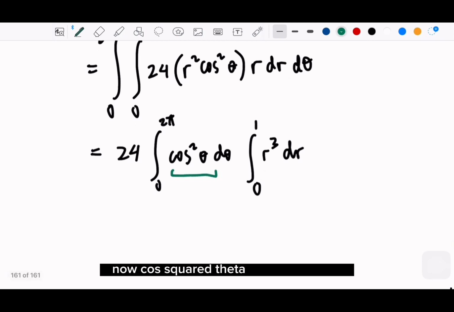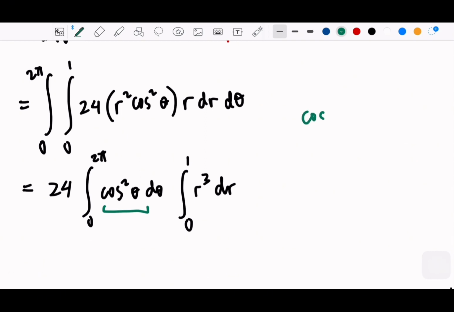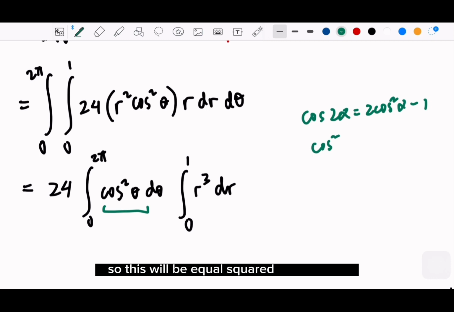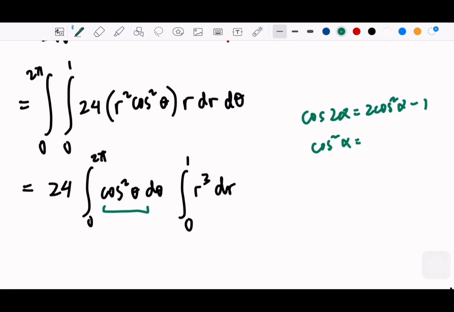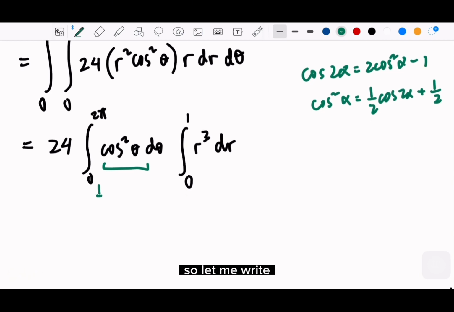Now for cos squared theta, we can use the double angle. So this will be cos squared alpha equal half cos 2 alpha plus half, right? So let me write.